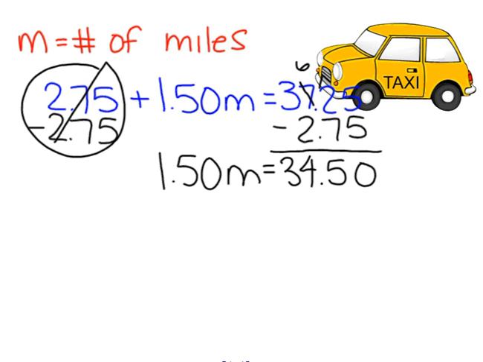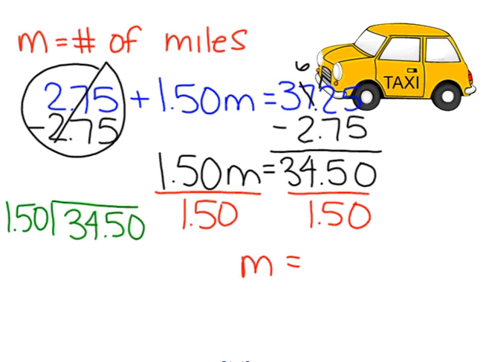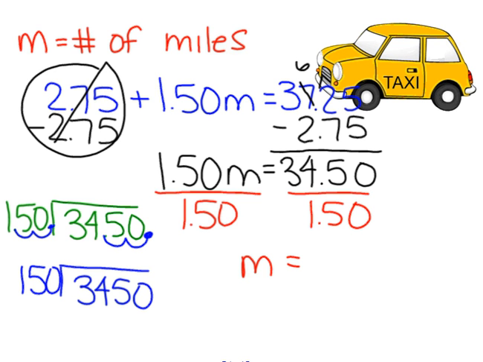And now we can divide by $1.50 on each side. Set up our long division box, $34.50 divided by $1.50. We'll multiply both numbers by 100 to make these whole numbers. And now we can just divide like normal.